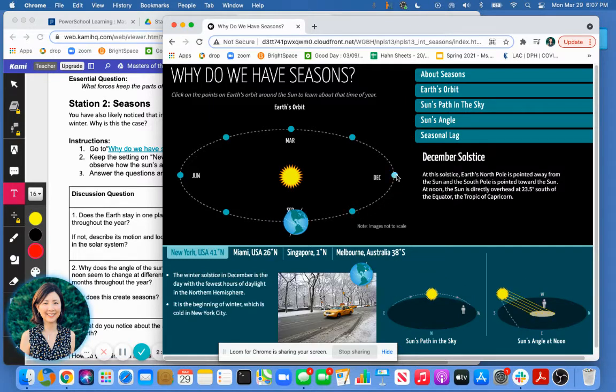We can see that in December, and another thing we notice is that the Earth is not straight up and down. It's on this imaginary pole or axis, and that pole is tilted so that the North Pole is a little bit away from the sun in December.